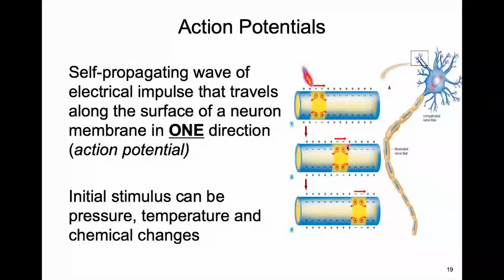So as that happens, then this reaches threshold potential, and now a new action potential is created, which then causes the next adjacent region to reach threshold potential, and another new action potential is created, which you can see here why you're literally having to depolarize, depolarize, depolarize all the way down that whole length of the neuron. So when you myelinate a neuron, now you just have to have action potential created, so depolarize, repolarize, depolarize. Okay, so it's much more efficient than going down the length of the neuron.